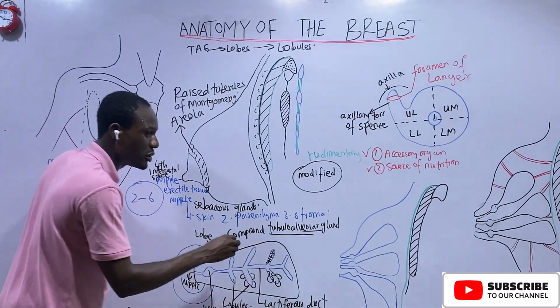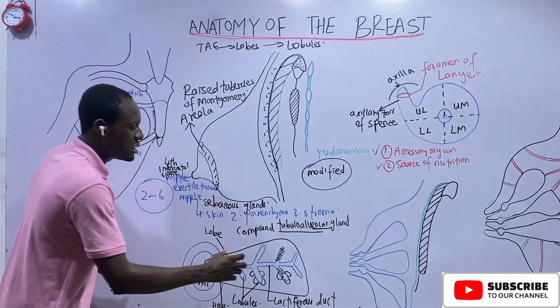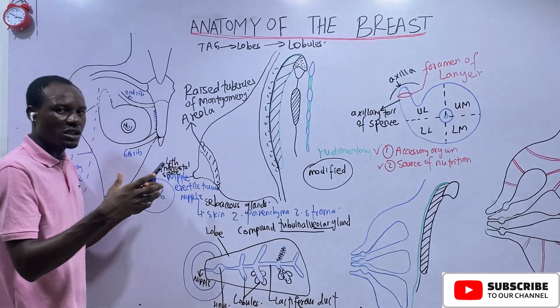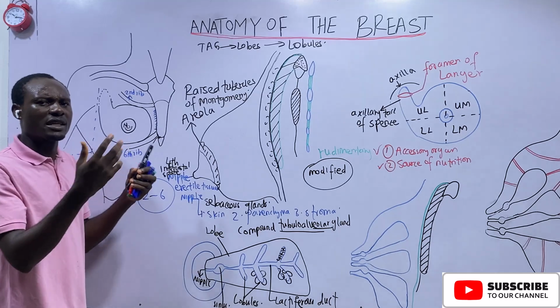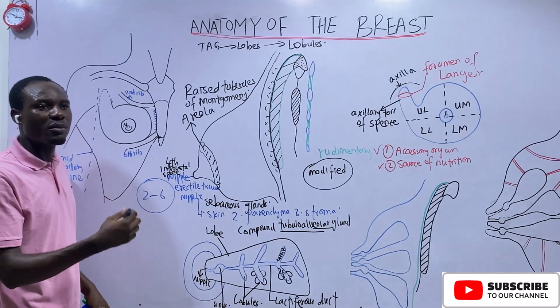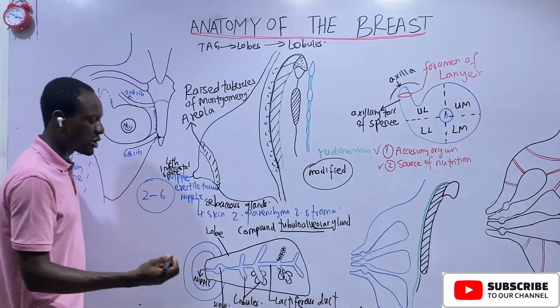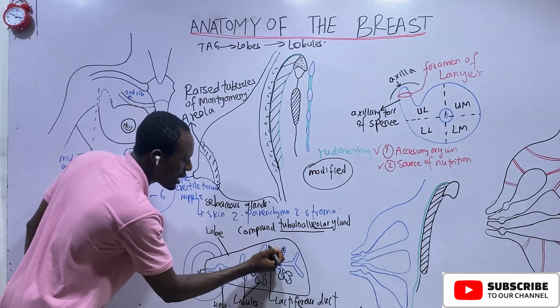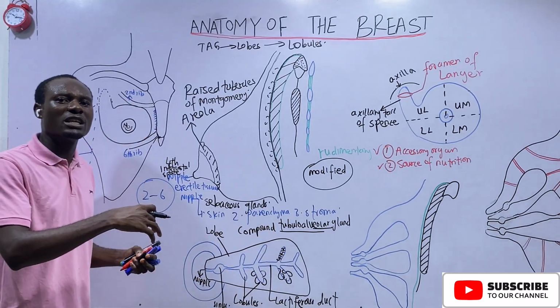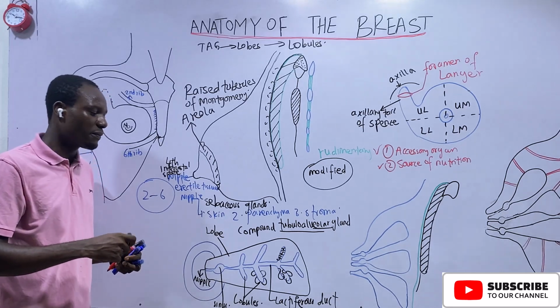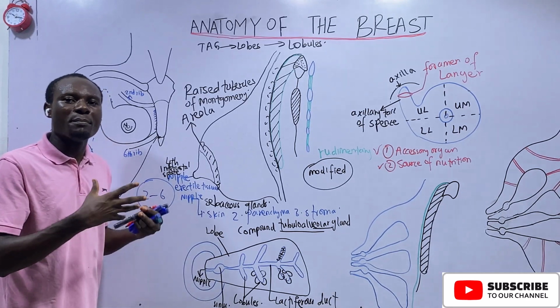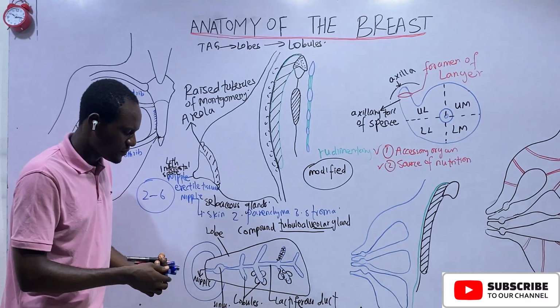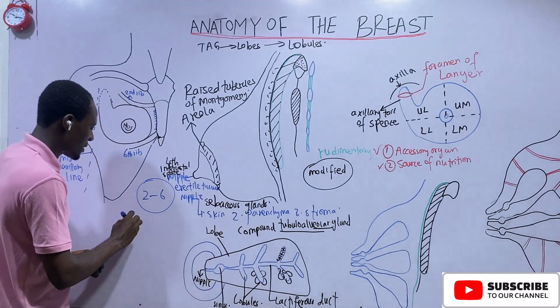So once they produce the milk, what happens? Within the lobules, the lobules get squeezed by another set of cells. The surrounding modified cells that actually squeeze the milk out from the lobules into the lactiferous duct are called the myoepithelial cells.